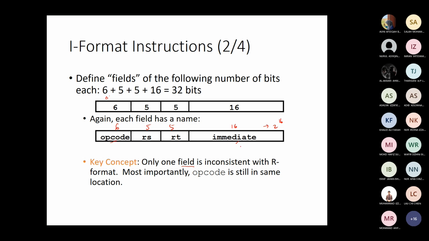Most importantly, opcode is always in the same location. That's why we did not combine opcode and function in the R format, because of this reason. Because there are changes in the fields, only opcode remains. That's why opcode is always 6 bit.